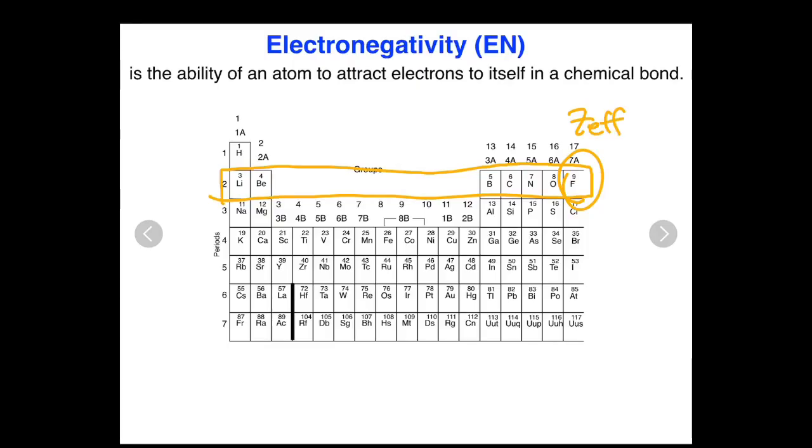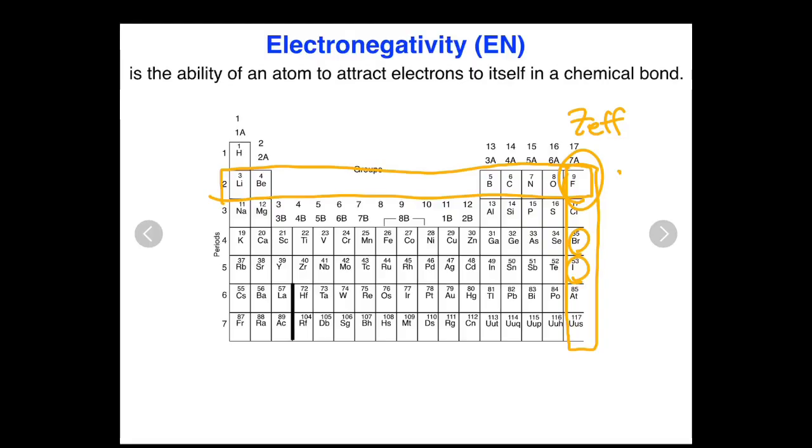Therefore, fluorine would have the highest ability to withdraw electrons to itself. If you're looking at top to bottom, this group right here experiences the same effective nuclear charge, but fluorine is smaller in size compared to iodine or bromine.